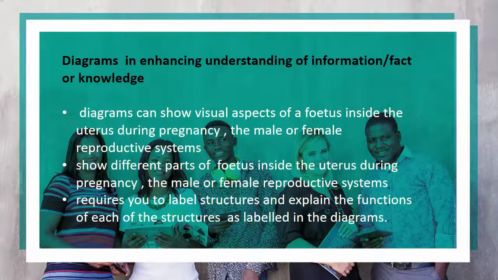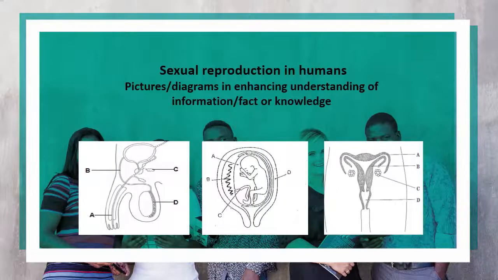So what it actually requires from you, as I've said, is that you label the structures and then explain the functions of each of the structures as labeled in each of the diagrams. Okay, there we have them. So this is just an enhancement of the previous one which I have shown you.